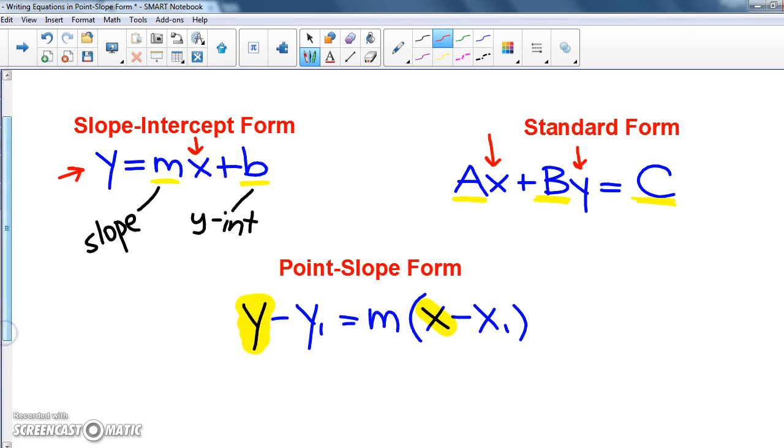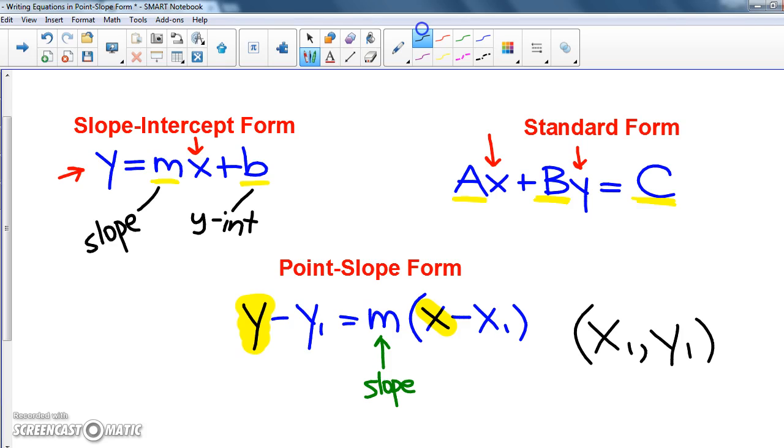So m, just like in our slope-intercept form, m is still the slope. Okay, you can see it's in a different place in this equation, but it's still the slope. So same slope we've always been dealing with. Now, x1 and y1 are actually a point. So this particular point, x1 comma y1, is a point on this line. Any point.